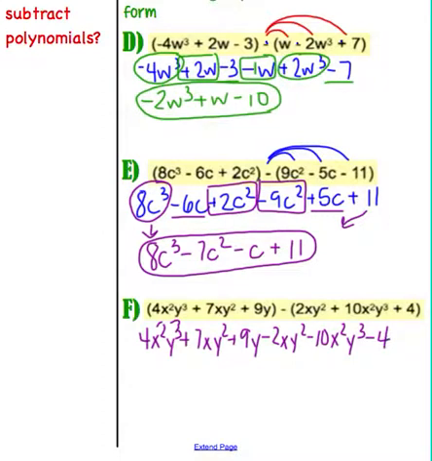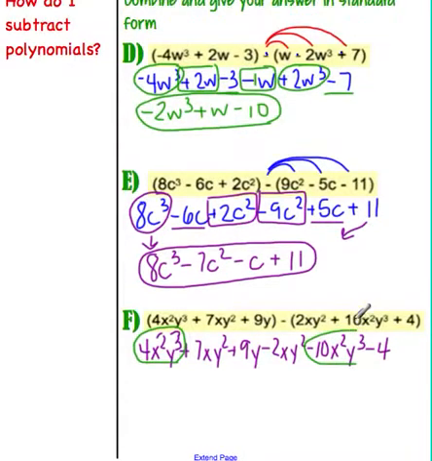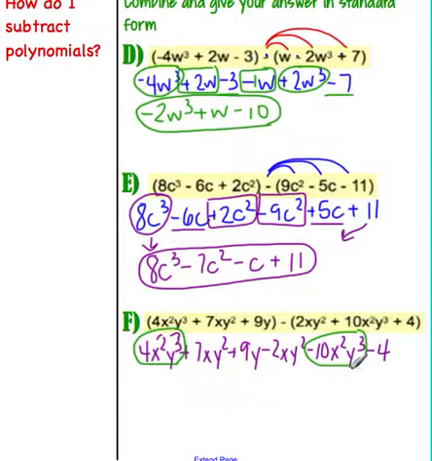So then looking at our like terms, start with the x squared. So we've got 4x squared y cubed minus 10x squared y cubed. So 4 plus negative 10 is negative 6x squared y cubed.